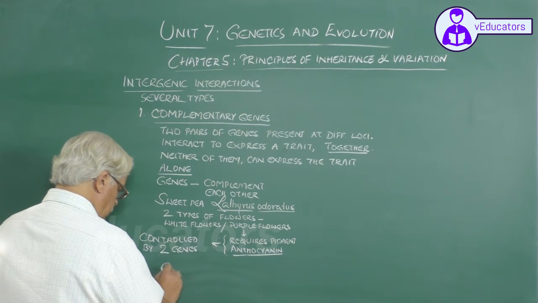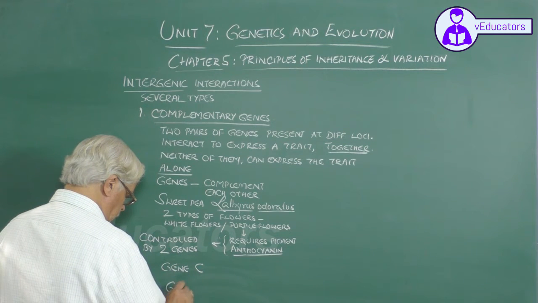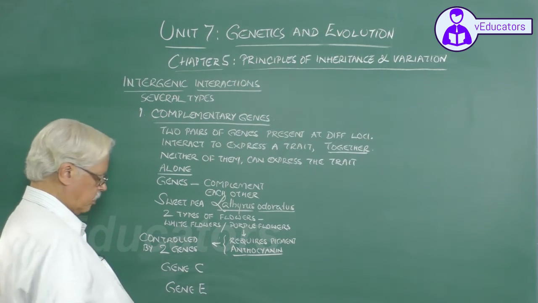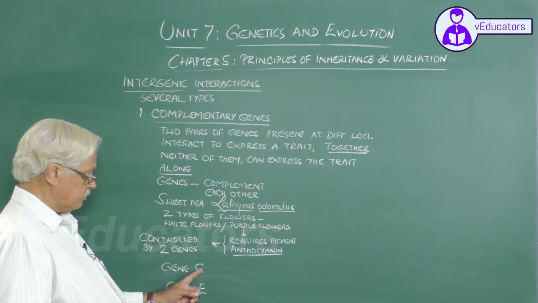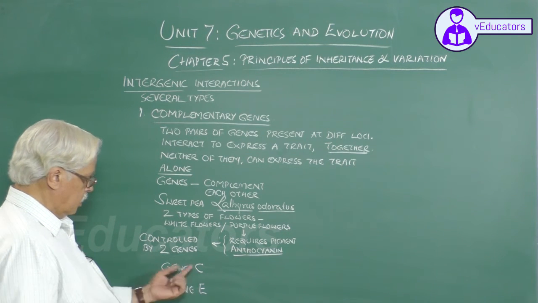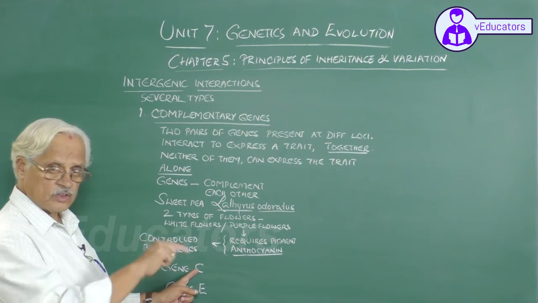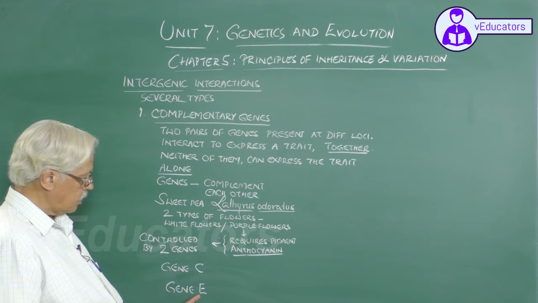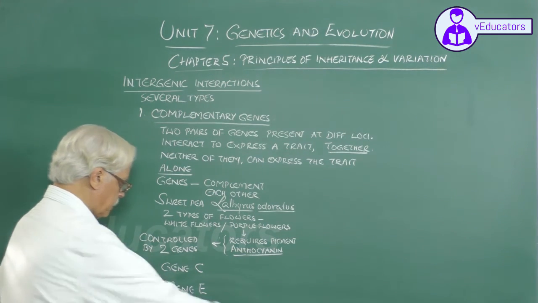They are gene C and gene E. So gene C has an allele, gene E also has an allele. The alleles of C occur on a particular locus of a chromosome, and the alleles of gene E occur on the same chromosome but on a different locus.